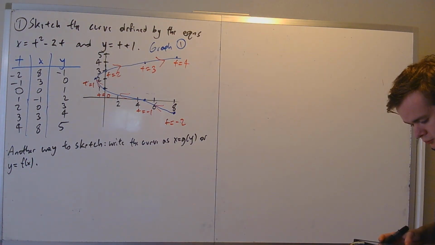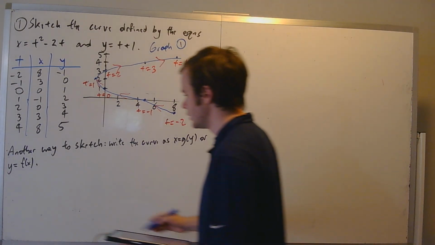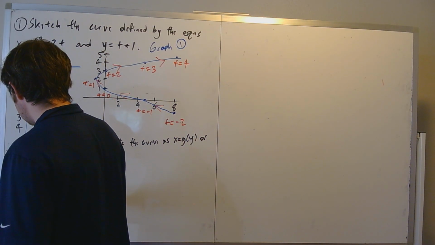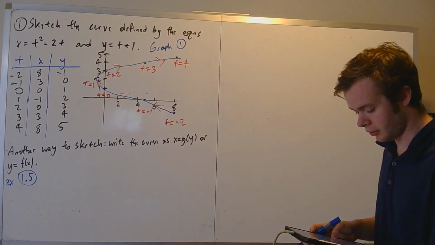So let me call this example 1.5. What we're doing here is getting rid of our dependence on t.